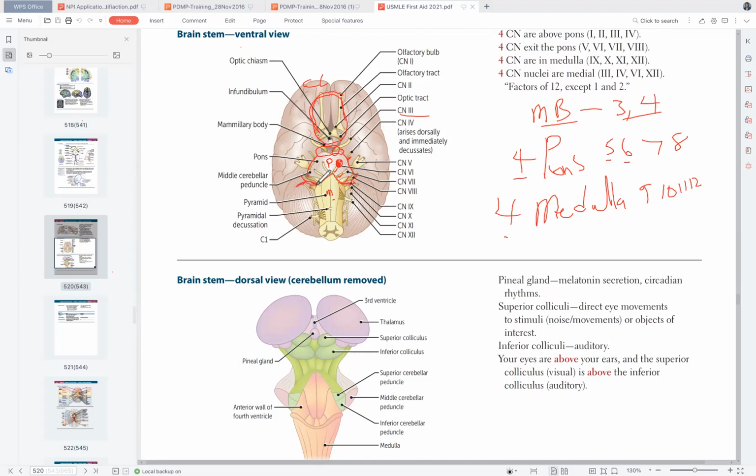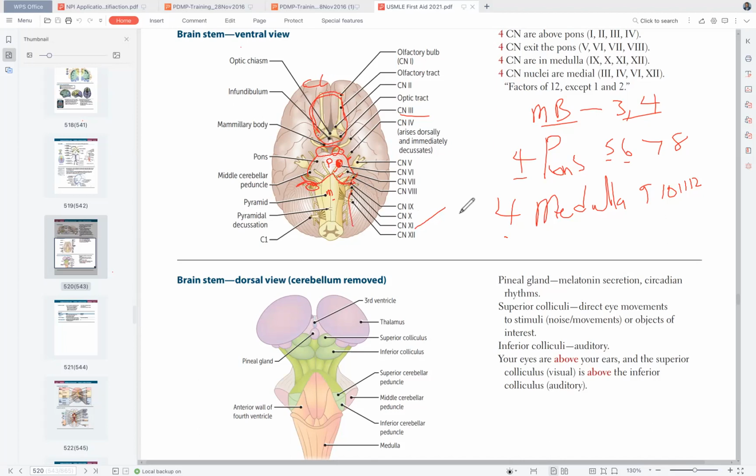Then the next one will be 10, which is bigger. Then you come down to 11, which is really small but also long, because it's the spinal accessory, before the 12 also comes. So if you go orderly, you will get it correct.